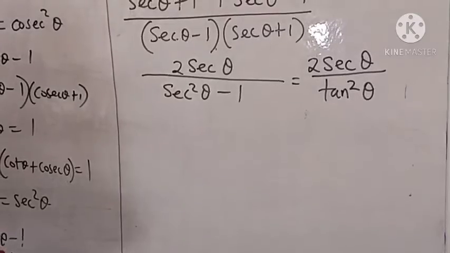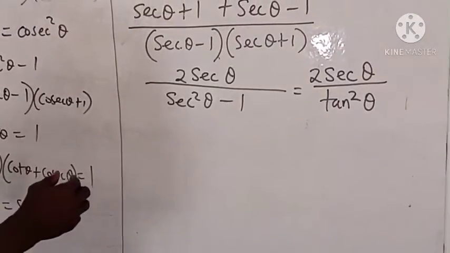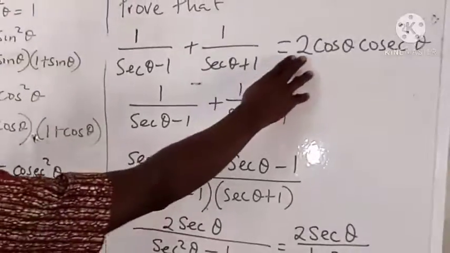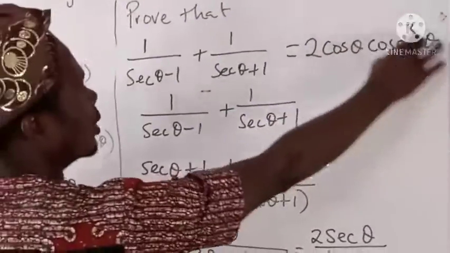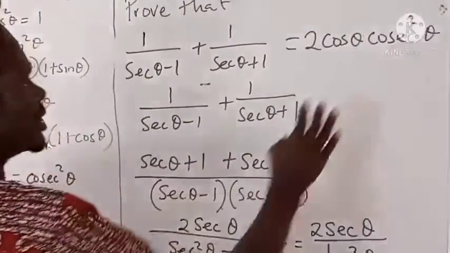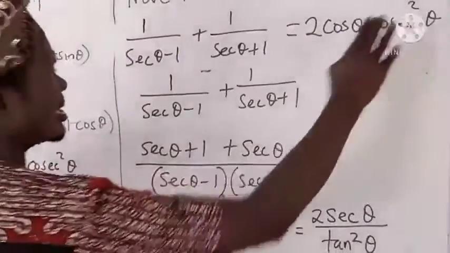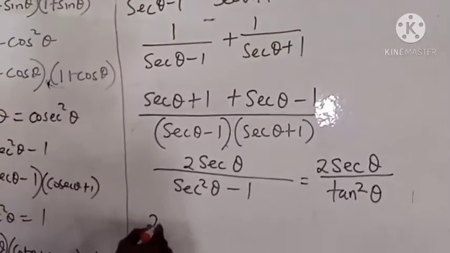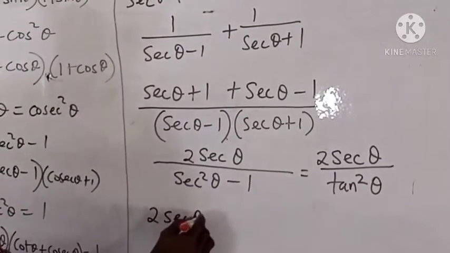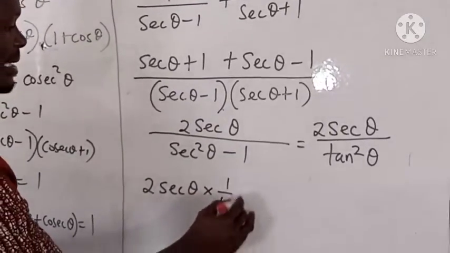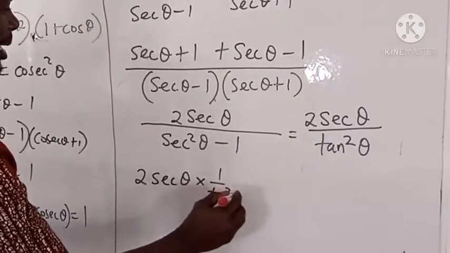While solving, it is very important to have an idea of your direction. Our aim is to arrive at 2 cos theta cosec squared theta. If you take a look at this, no denominator. It's just a straight expression. So I'm going to repeat this as 2 sec theta times 1 over tan squared theta.